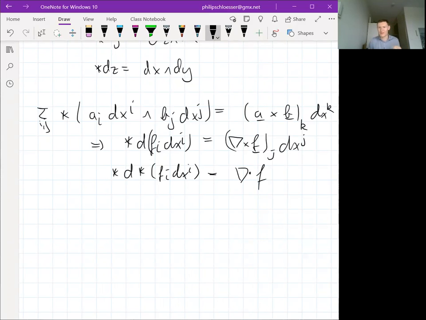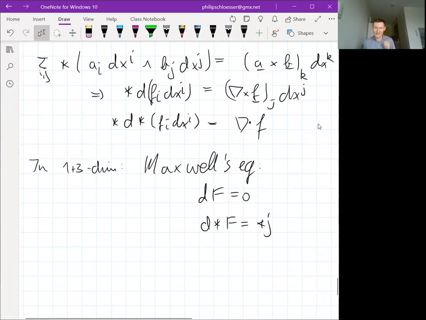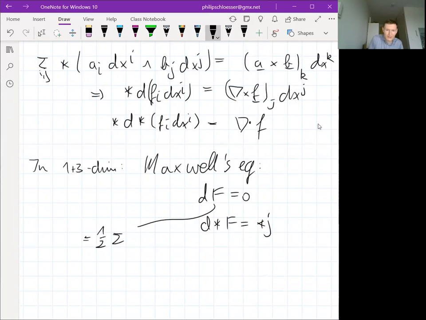If instead of R3 we are working in R4 and we don't use the usual scalar product but the Minkowski scalar product in 1+3 dimensions, Maxwell's equations look like dF is 0 and d star F is star J, where J is the differential form describing the current and F is 1/2 sum over i and j of F_ij dx^i wedge dx^j, where this is just the electromagnetic field strength tensor.